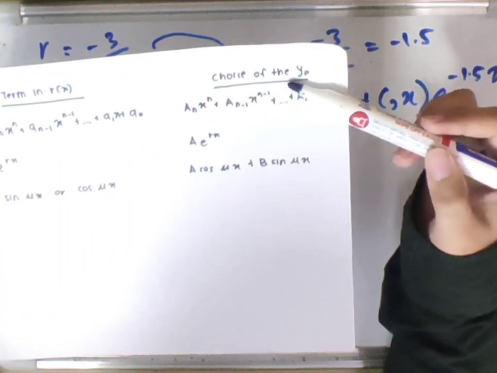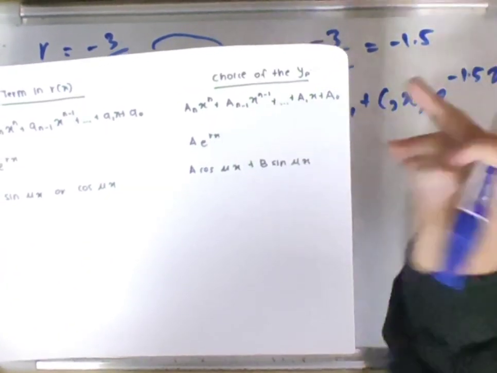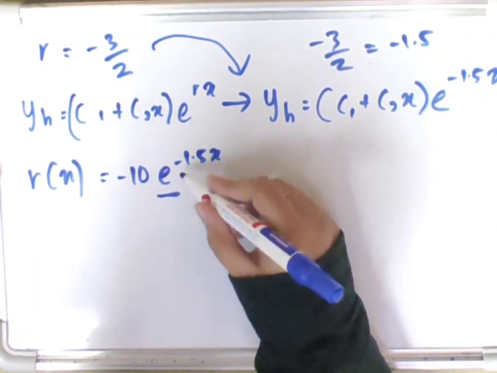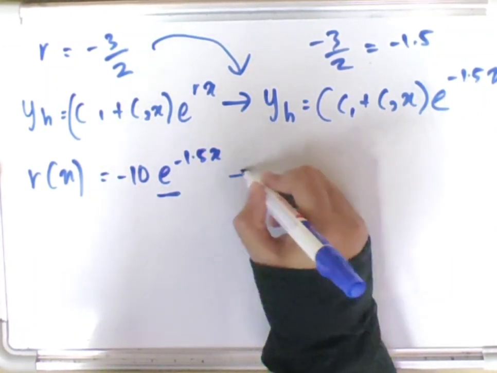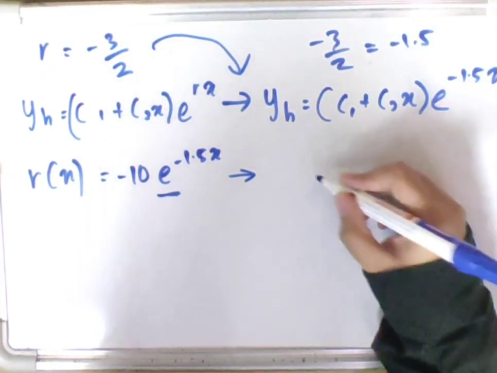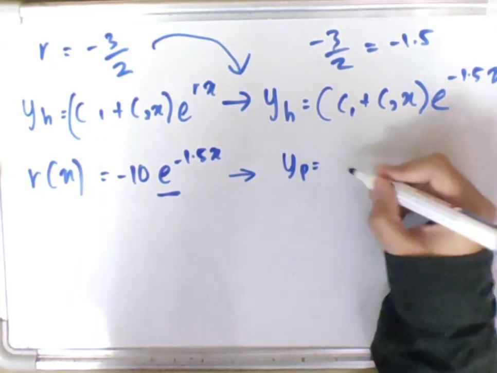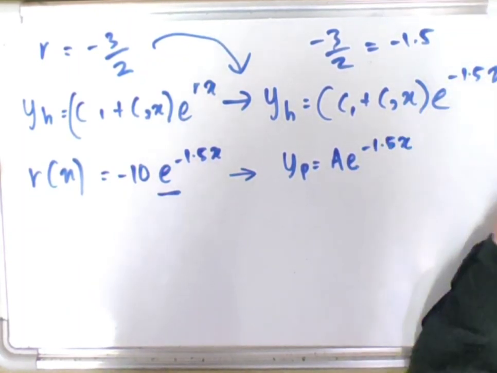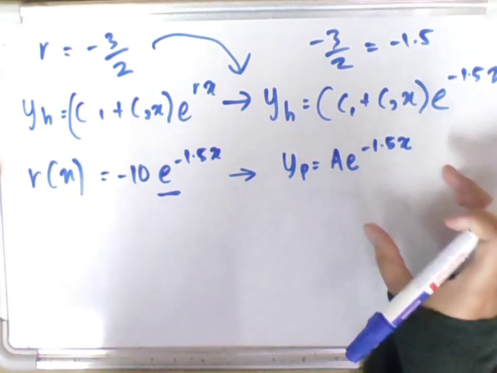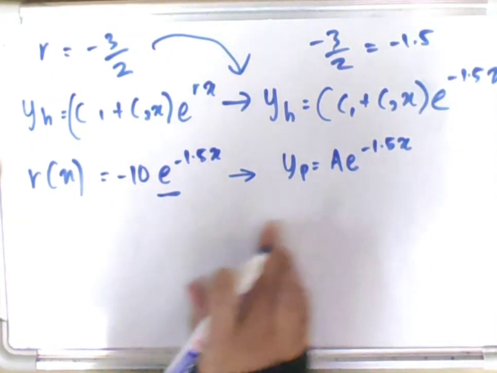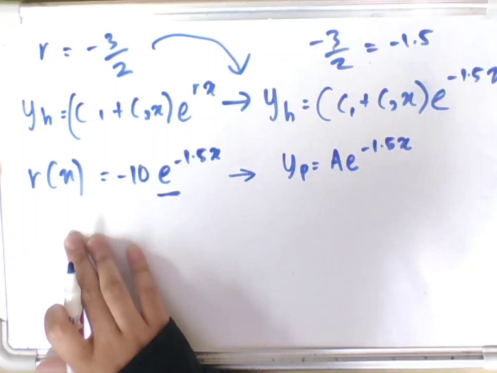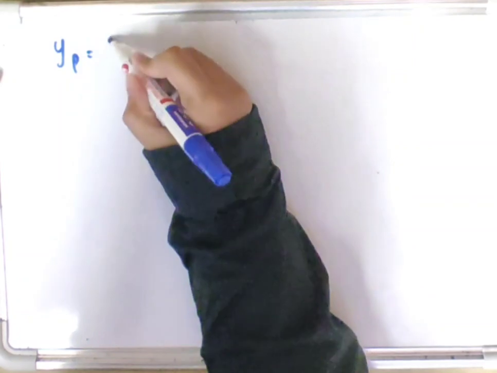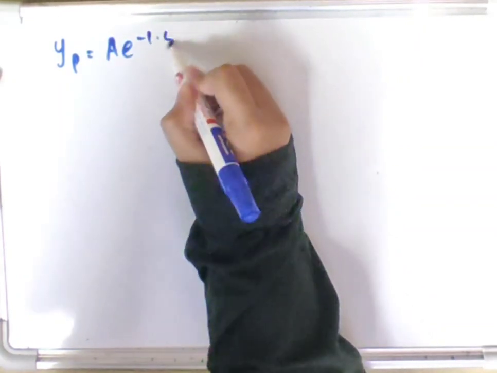So the choice of y p is a e to the rx. I turn negative 10 e to the negative 1.5x into y p equal to a e to the negative 1.5x, after choosing the exponential function.